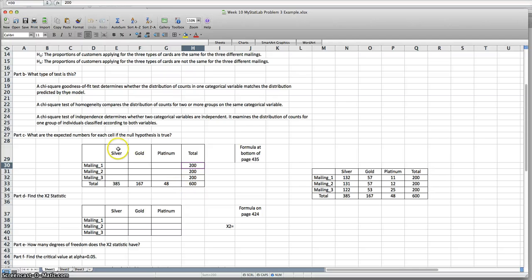So for our silver column, we're going to take 200 times 385 and divide it by 600. So let's go ahead. Equals, in parentheses, we're going to take 200 times 385, close our parentheses, divide by our total of 600, and there we have it, 128.333.